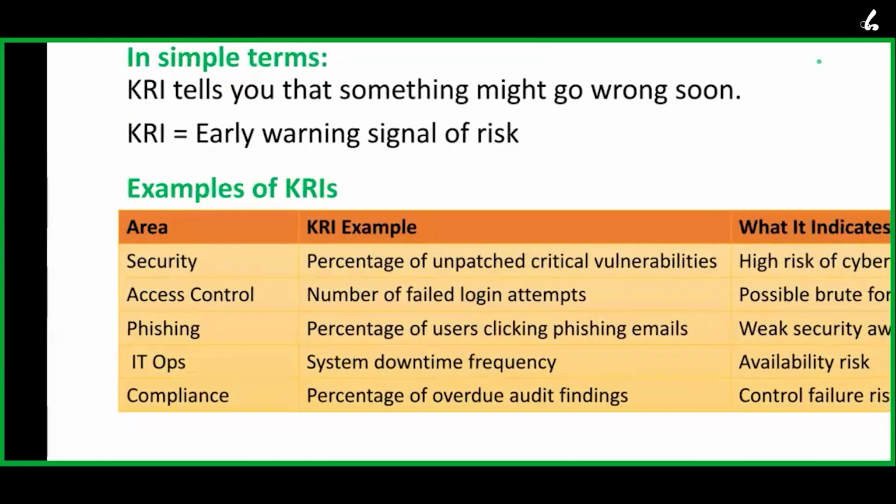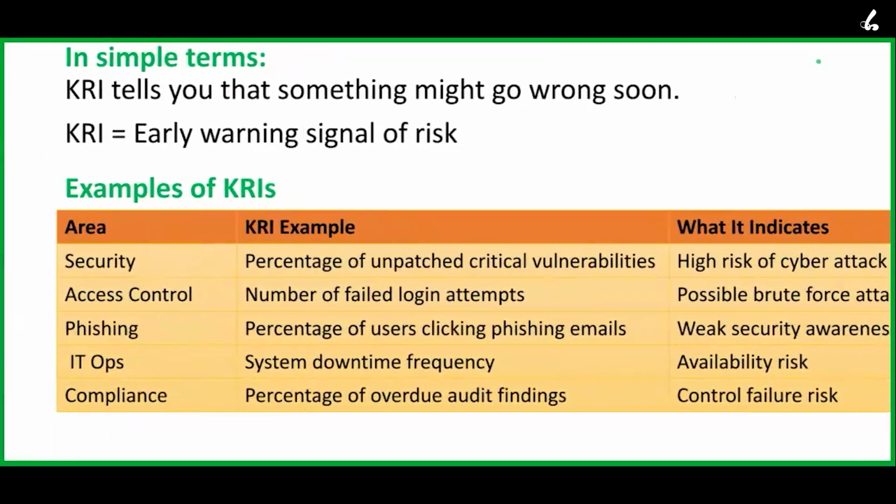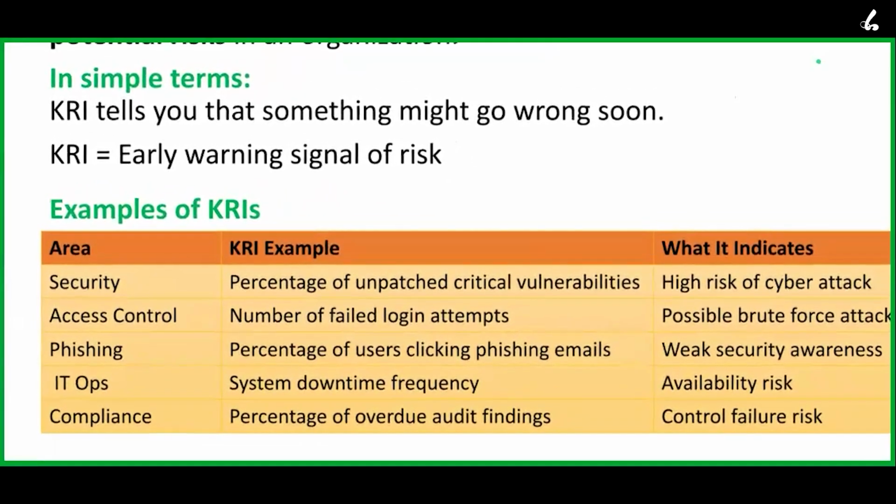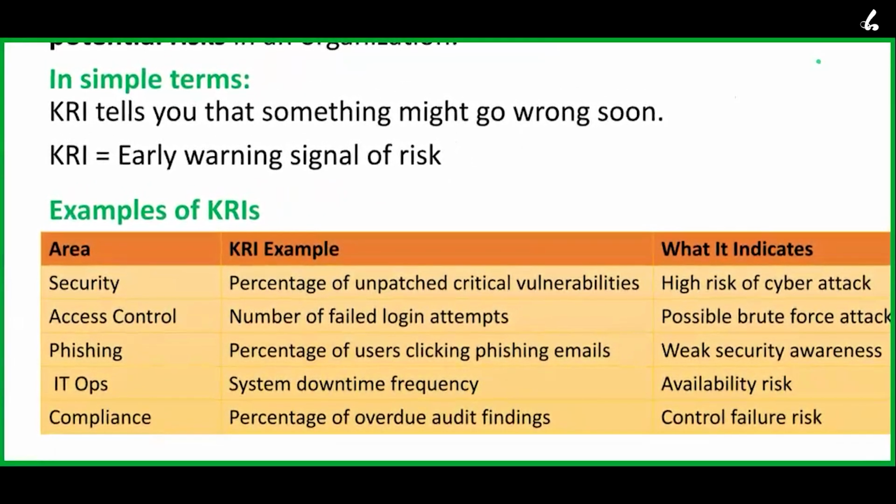We have a few examples in security. The security KRI is the percentage of unpatched critical vulnerabilities. If you have a PC, Windows Server, Windows 10, Windows 11, Linux Server, firewalls, routers, switches, IDS, IPS, all those devices, then every week or every quarter the vendor will release patches.